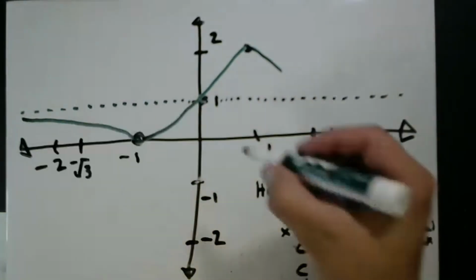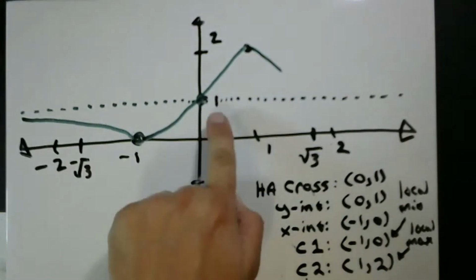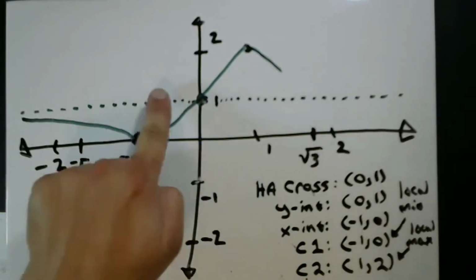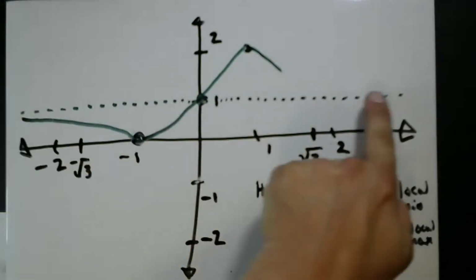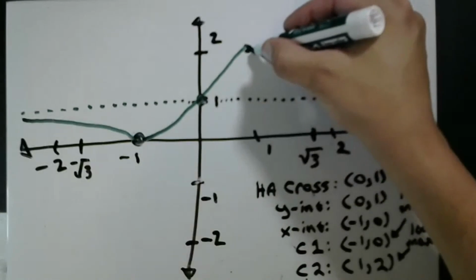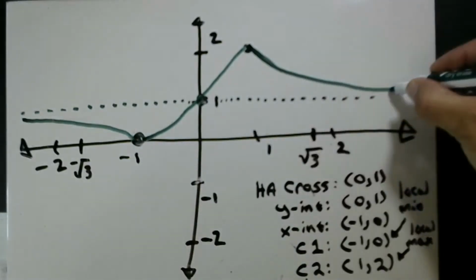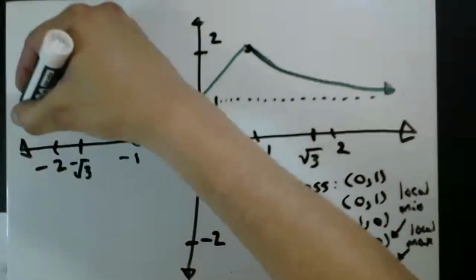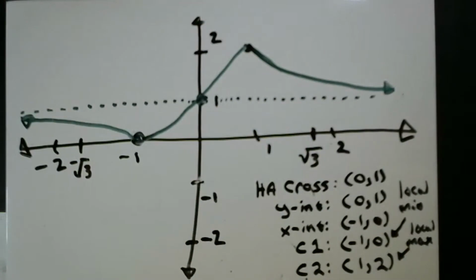Now we know that it only crosses the horizontal asymptote at this point. It won't cross here, and it won't cross here. So the function's doing something sort of like this, where it's getting close to that asymptote, but not going to quite cross it.